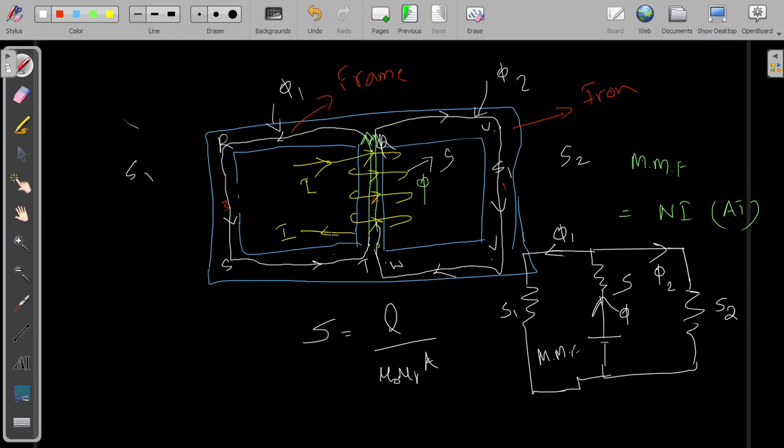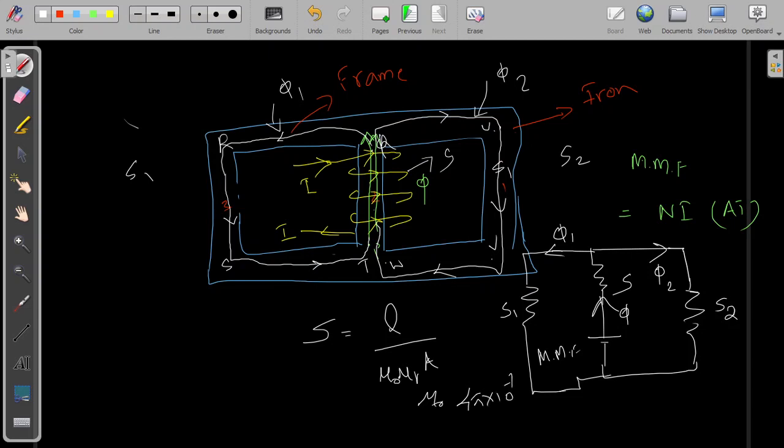So in this example, there are many possibilities. Iron is our material. For the material iron, mu 0 is constant, that is 4 pi into 10 power minus 7.